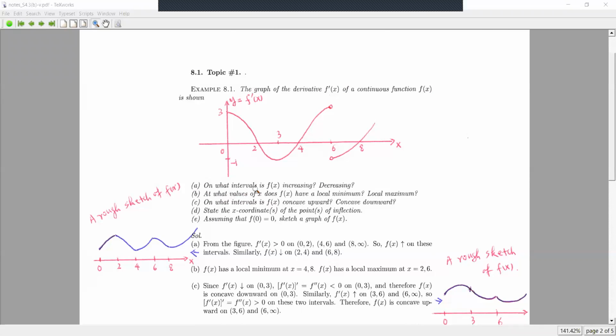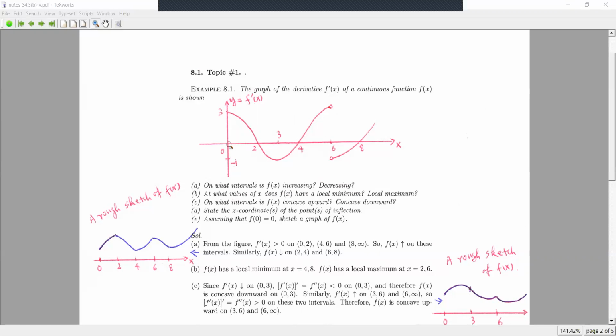Okay, first question. On what intervals is the function f increasing, decreasing? By increasing, decreasing test, when derivative is positive, the graph of f is increasing. When derivative is negative, the graph of f is decreasing. This is the graph of derivative.